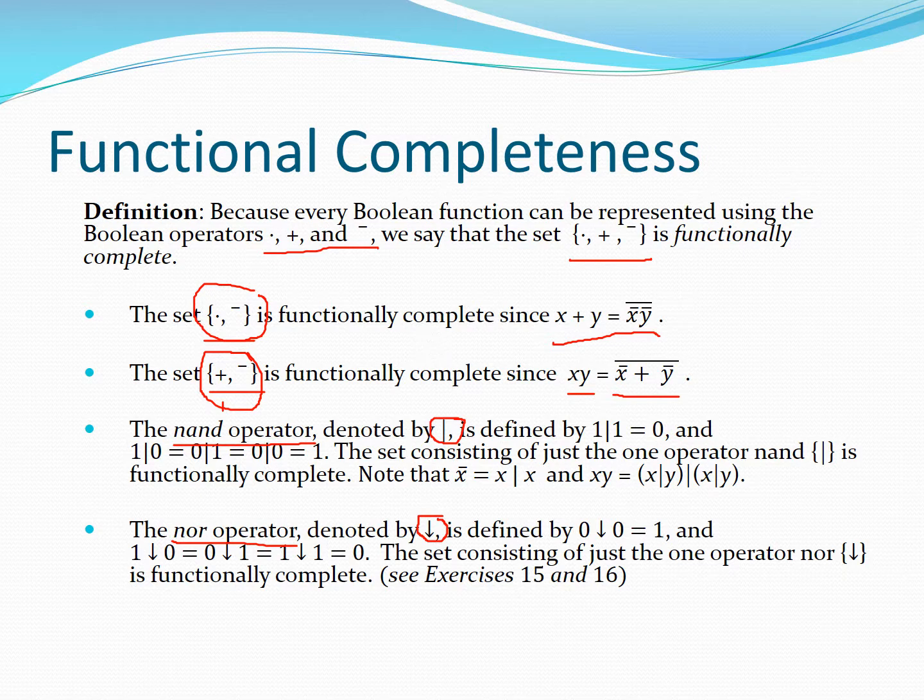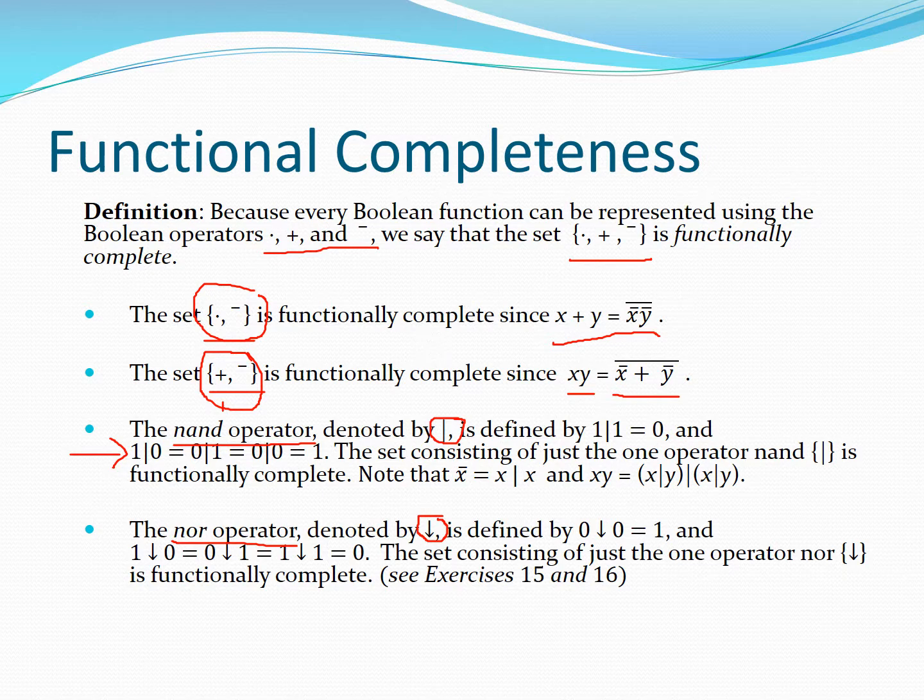So if you look carefully at the rules for the NAND operator, it's basically the complement of your AND operator. Whenever you have two ones, you get a 0. Everywhere else, the operator evaluates to a 1. So basically NAND is nothing but your negative AND operator.